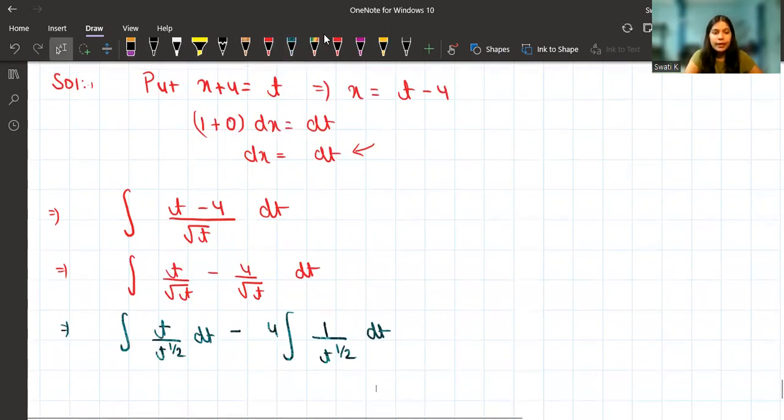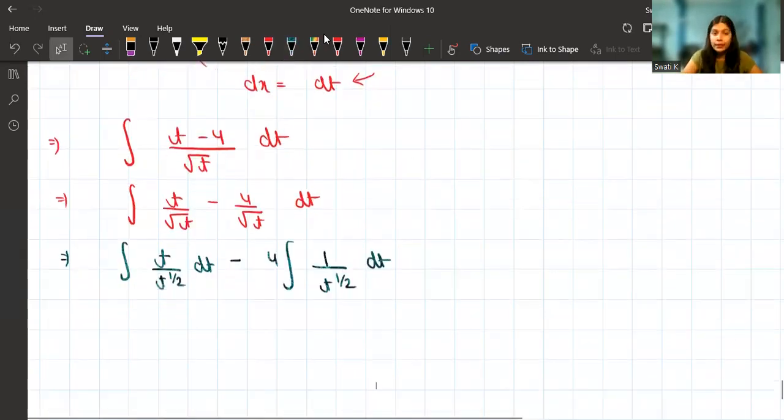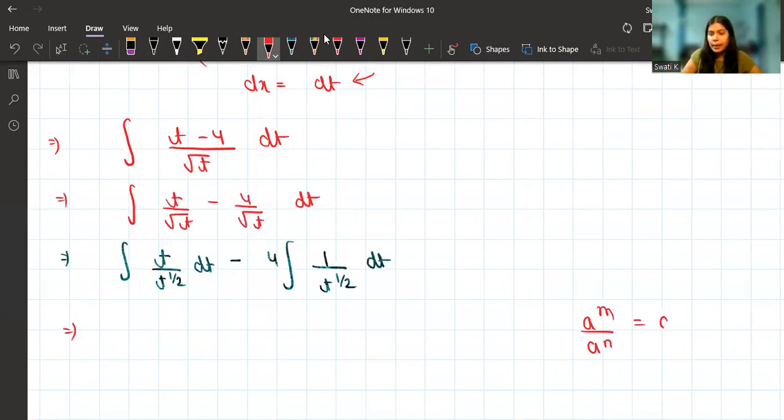Let's move ahead. Here you can use the property of exponent, that if you have a raised to m upon a raised to n, that means a raised to m minus n. So using this property, you can write this as integration t raised to 1 minus 1 upon 2 dt. There is another property that you are going to use here.